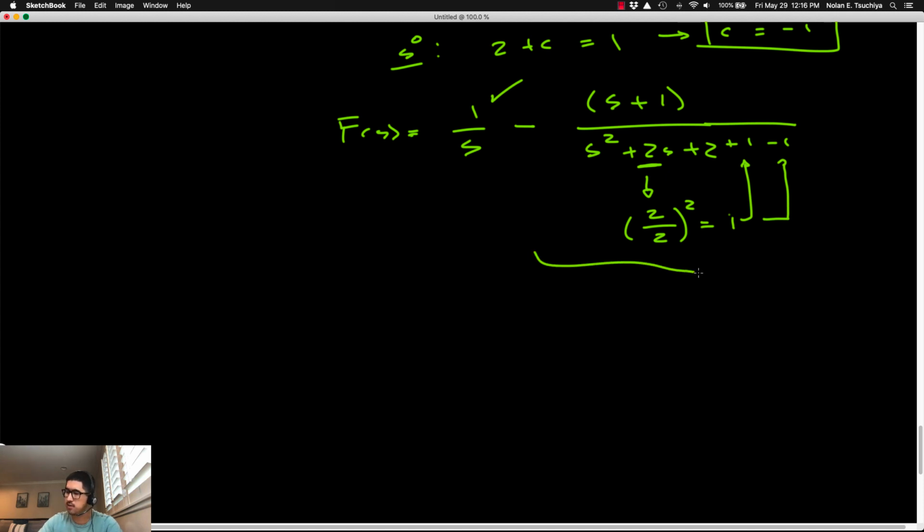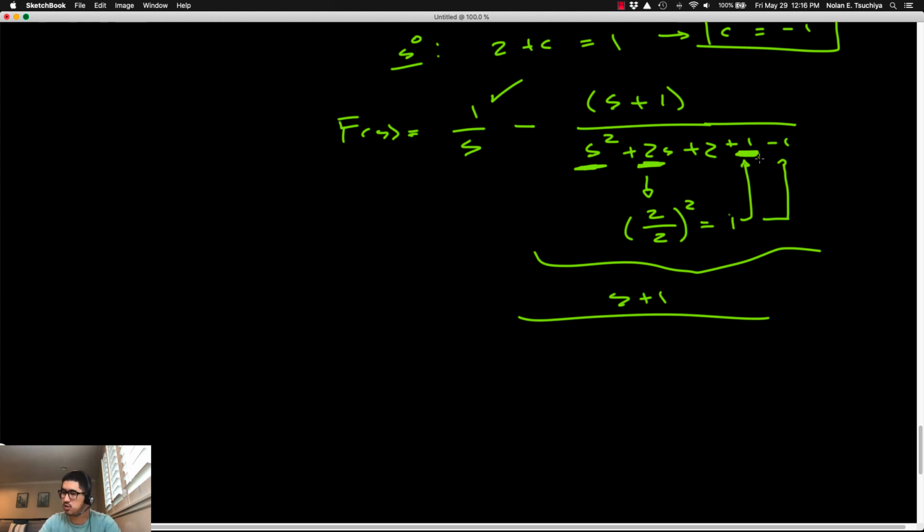So let's just work on this guy for a second. We've got s plus 1 over s squared plus 2s plus 2 plus 1 minus 1. It sounds a little bit ridiculous, but if you do complete the square correctly, what that allows you to do is to group some of the terms together.